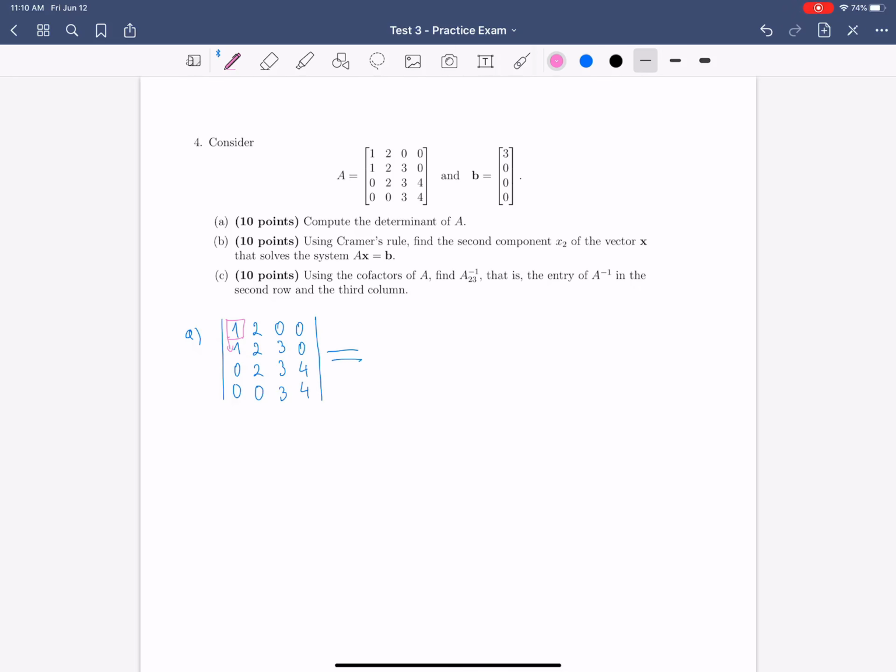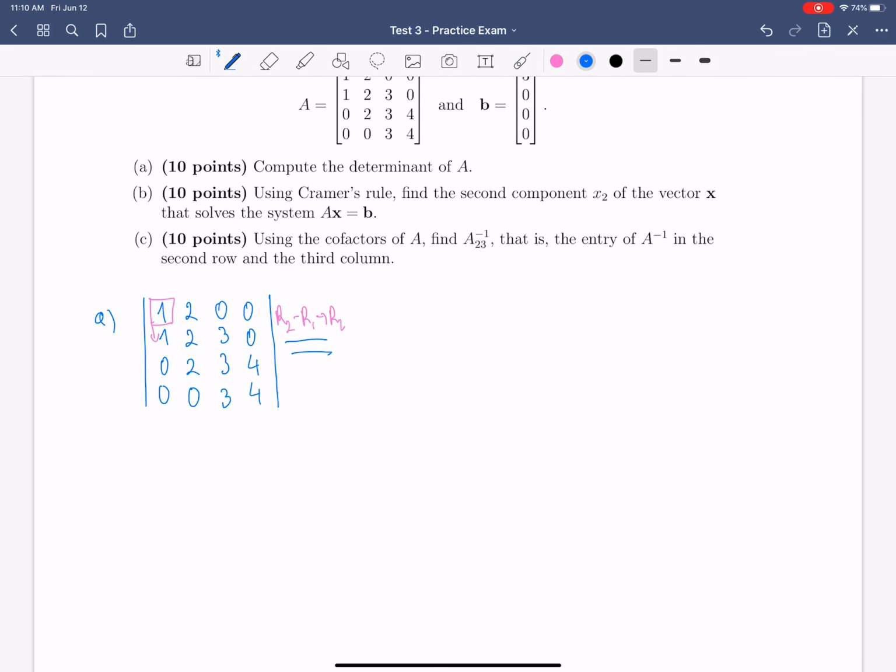So the operation here will be R2 minus R1 into R2. And I guess I'll make this a little bigger. What we will get is 1, 2, 0, 0. Then the second row will be 0, 0, 3, 0, 2, 3, 4, 0, 0, 3, 4.